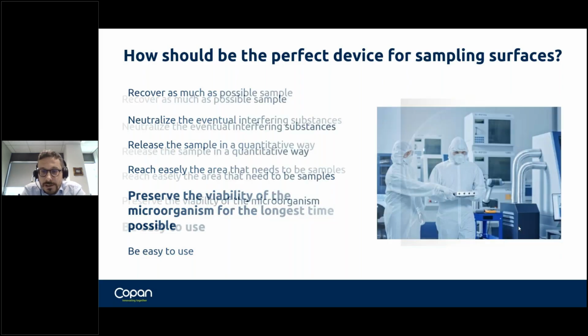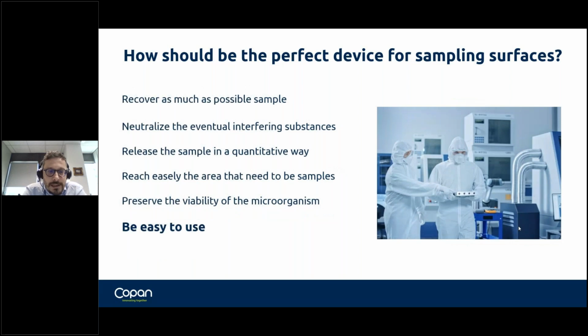And last but not least, clearly it should be easy to use, because in many cases I'm not in a comfortable situation during the sampling step. If I'm in a sterile area, I will be dressed in a way that makes even collecting a sample not the easiest thing in the world.